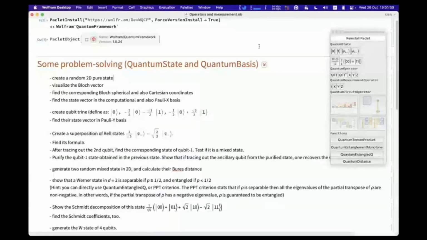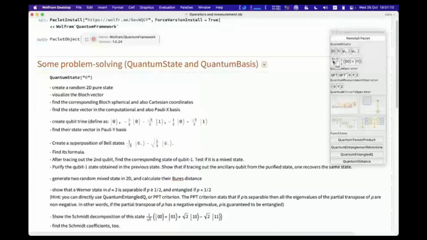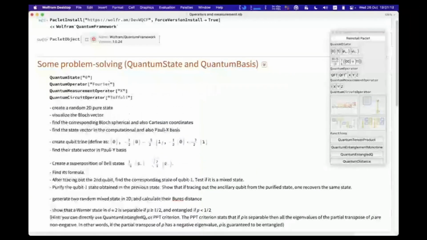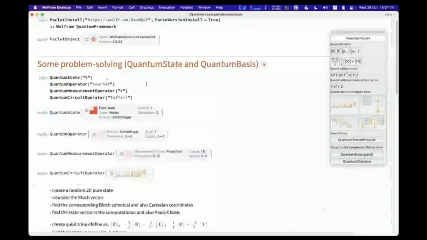We are planning to extend that. If you click on any of them, for example to create a quantum state, you see this is the zero state, or the measurement operator, and you can see the results.